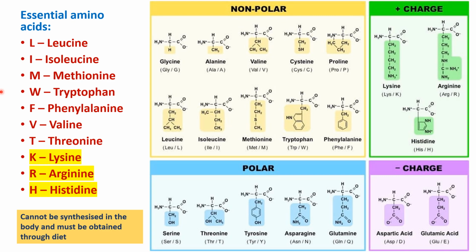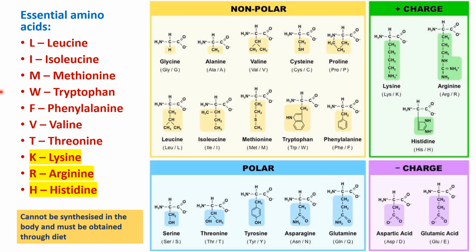So in the sense, all the proteins that our body makes are synthesized in the body, and it is not the protein of the food that we eat. The protein of the food that we eat is broken down into amino acids, and each protein is synthesized in the body as per the requirements.